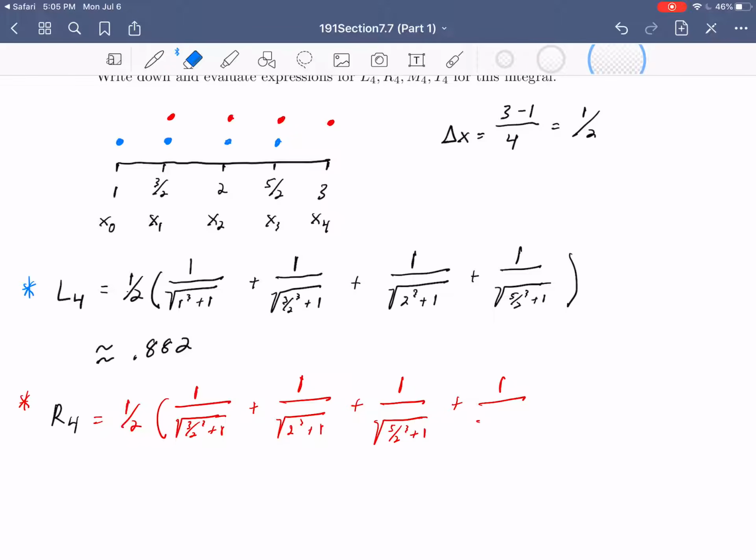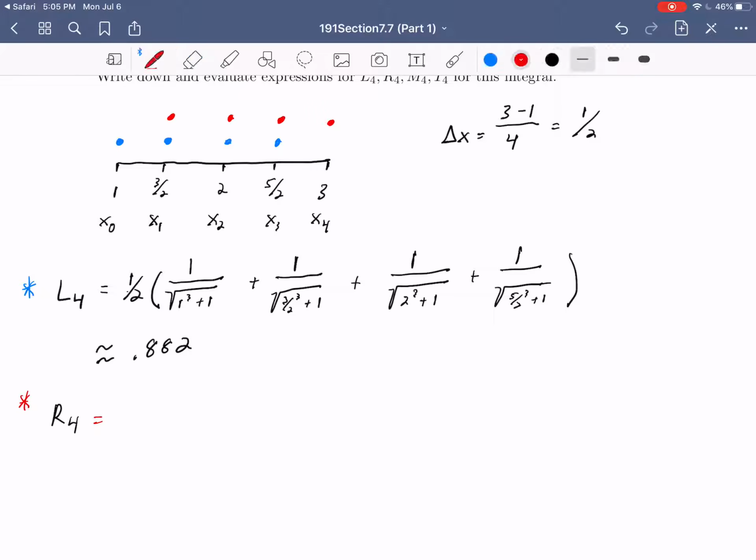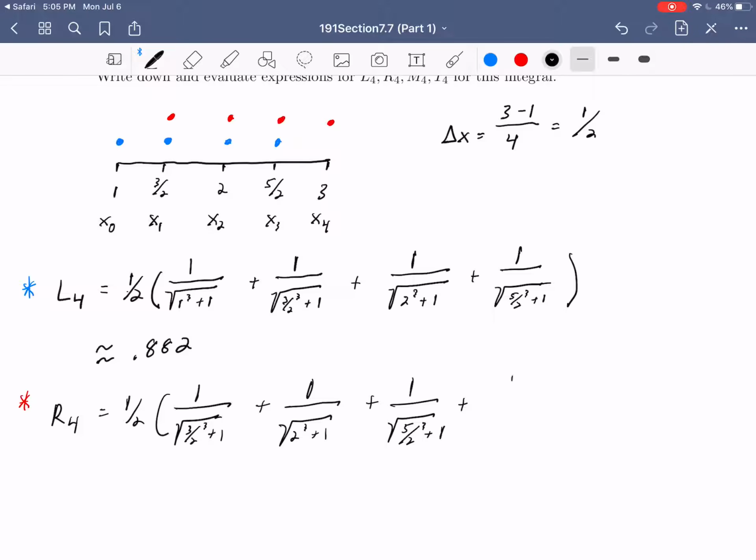It doesn't really matter, but we were writing everything else not in the actual color. Apologize, let's just try to stay consistent there. So we'll just go back and rewrite that in the normal color. So you get 1/2 and 1 over the square root of 3/2 cubed plus 1, plus 1 over the square root of 2 cubed plus 1, plus 1 over the square root of 5/2 cubed plus 1, plus 1 over the square root, last one, which is at 3 there. So we have 3 cubed plus 1.